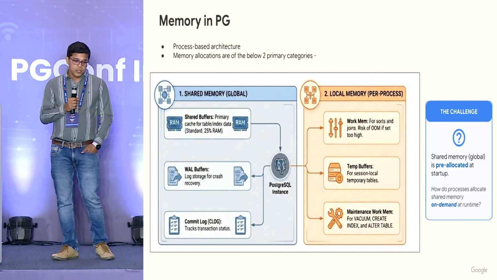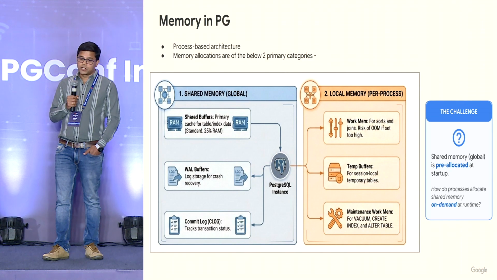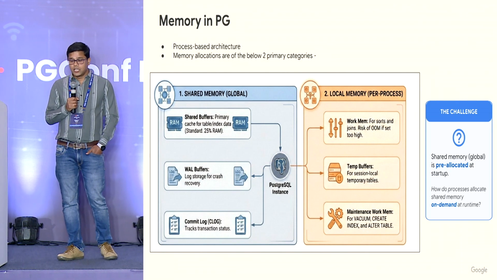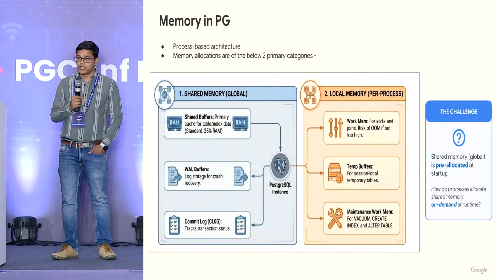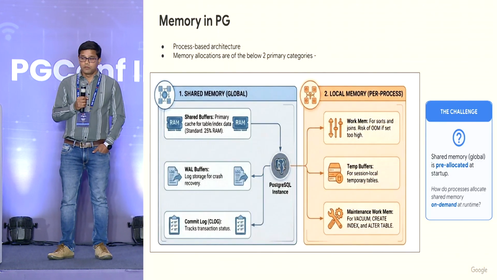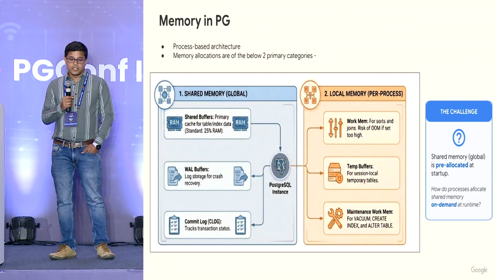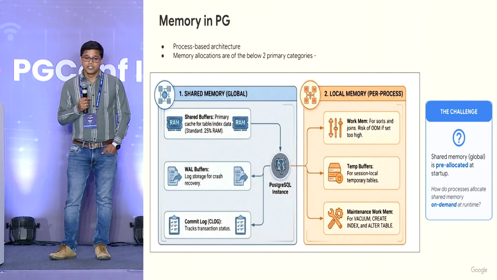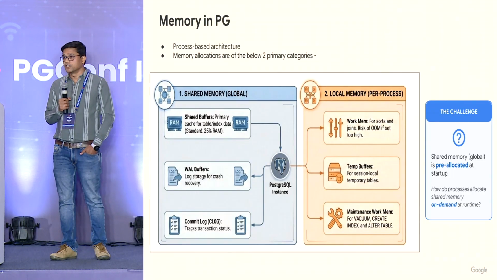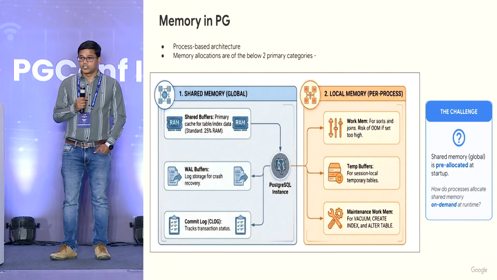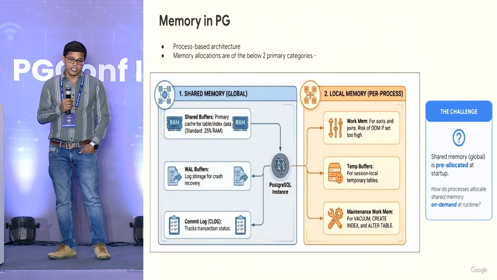So that's the reason it is important to have this shared memory accessible across all the processes. This memory gets allocated at the server start itself, and that's how all other processes can get access to it. They will hold that memory pointer, and they will be able to access it. As I said, it is allocated by the postmaster during the start, so if you have to change that at runtime, we cannot. Similarly is the case for WAL buffer; we cannot change it at runtime.